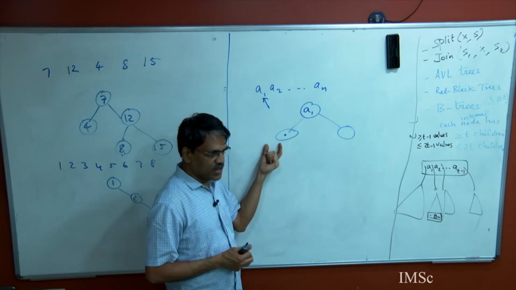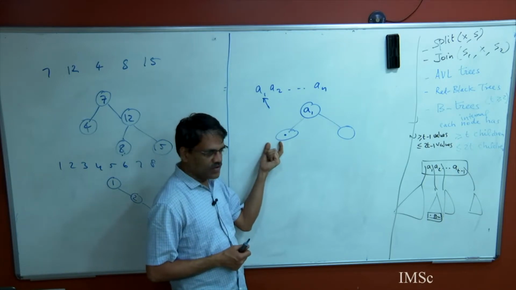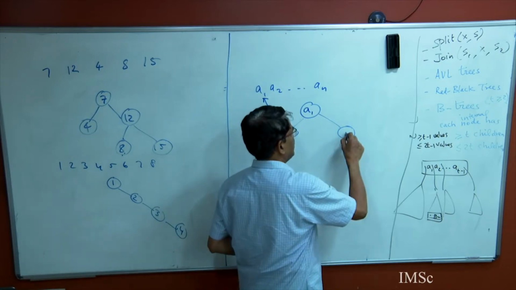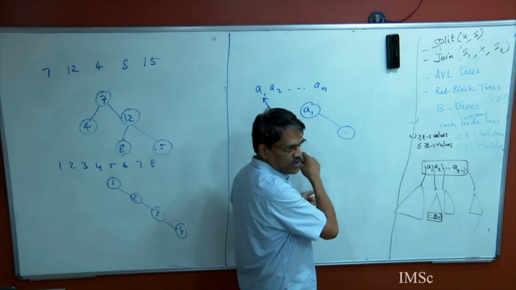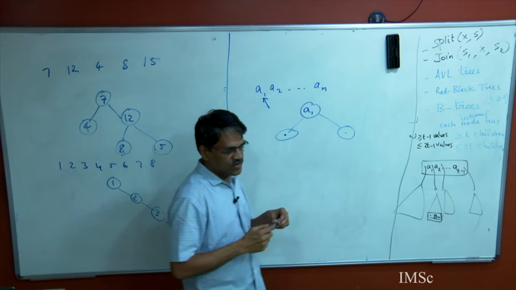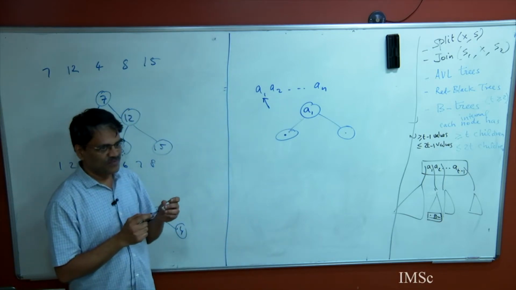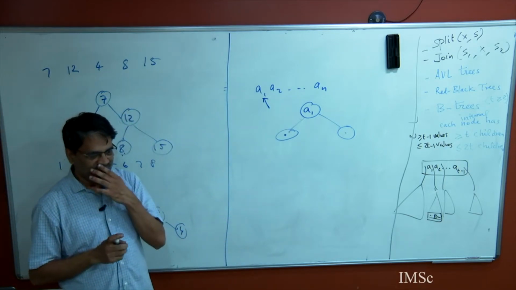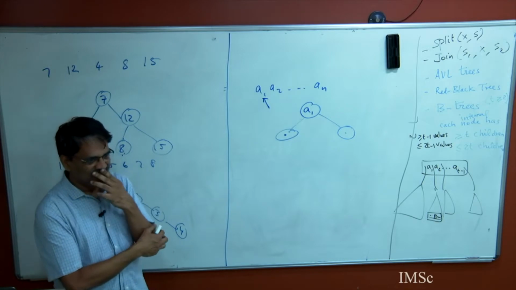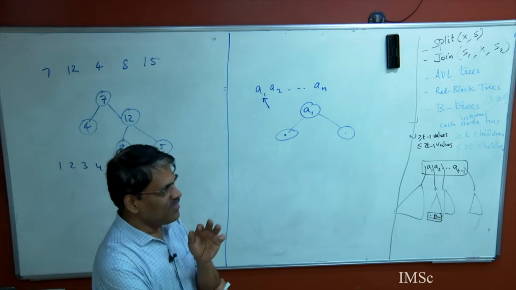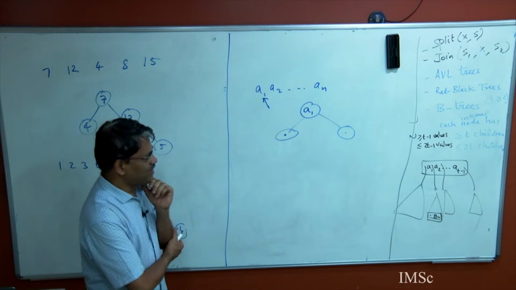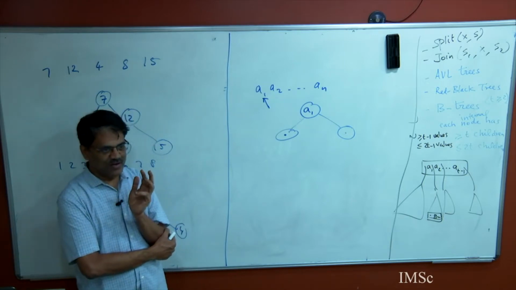All the elements less than a1 will get compared with this, and all the elements greater than a1 will get compared with the other root, and so on and so forth. So it's n by 2, on every n by 2 elements. Yeah, maybe, but I want you to relate this to something else we have seen.